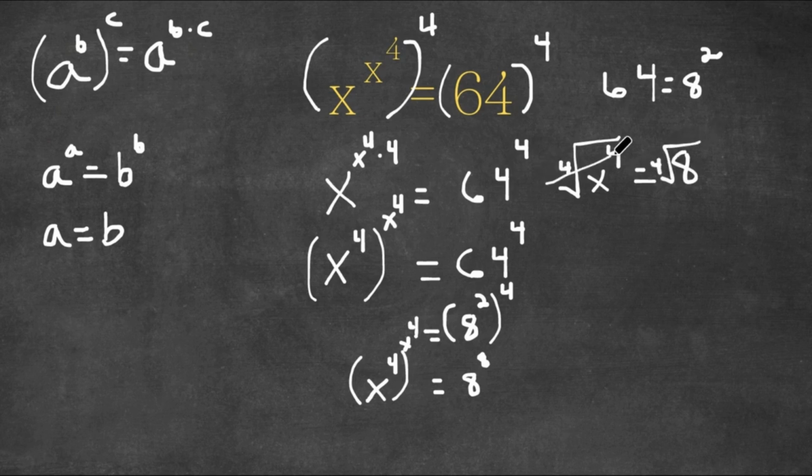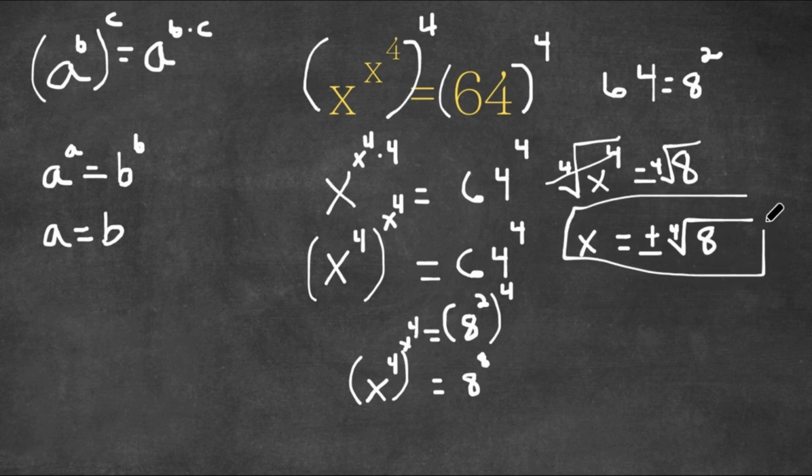Now these two would cancel out, so on our left side we would have x, and our right side we would have equals positive or negative, remember it's plus or minus, the fourth root of 8. And this is our answer.